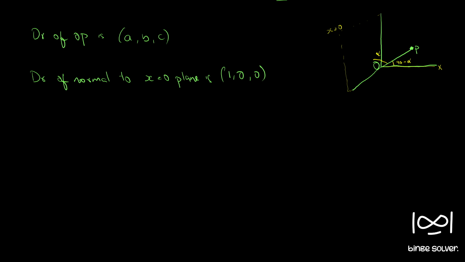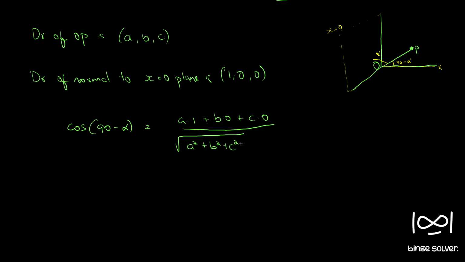Let me correct it. Cos of 90 minus alpha becomes a into 1 plus b into 0 plus c into 0 by root of a square plus b square plus c square into root of 1 square plus 0.